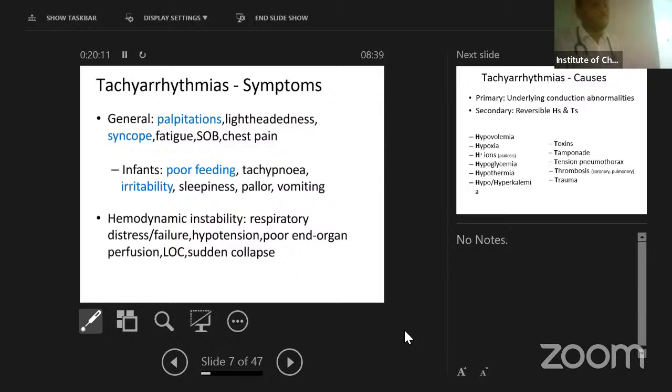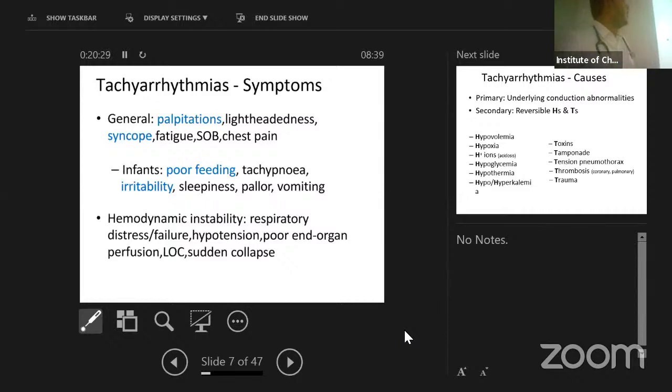Then come to the symptoms. The mother generally presents complaining that the child has palpitation, lightheadedness, syncope, fatigue, shortness of breath, or chest pain. But in the case of an infant, those complaints are not that evident.